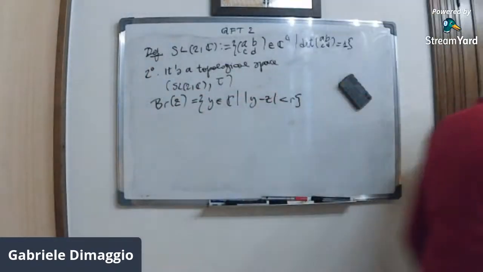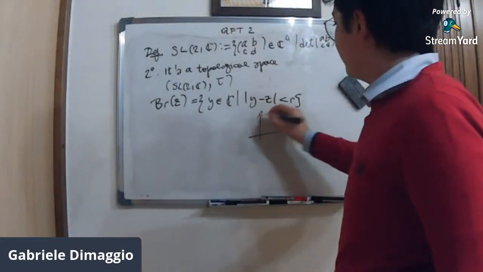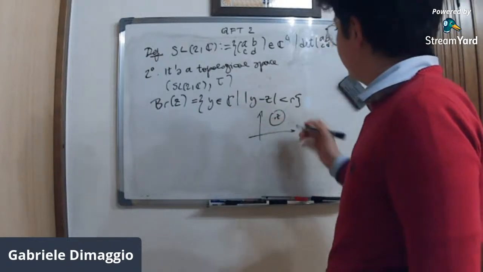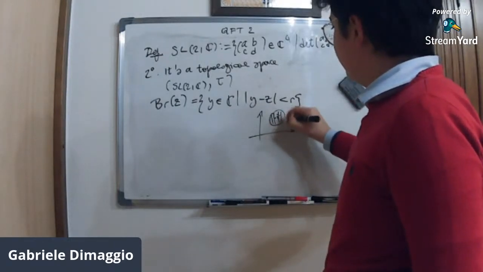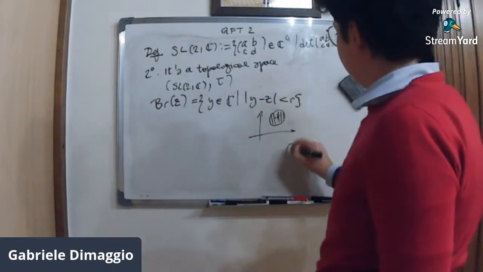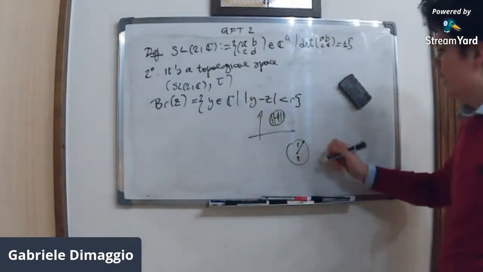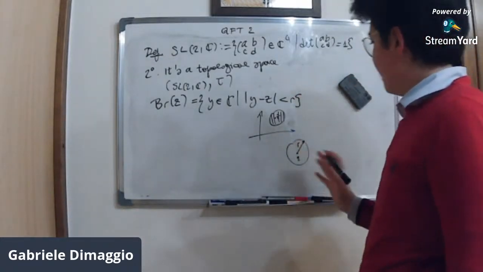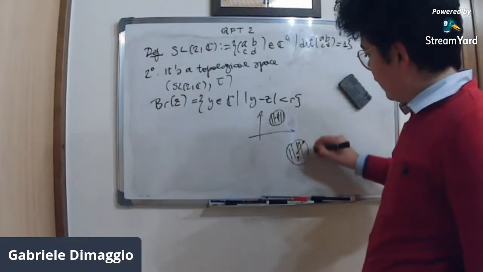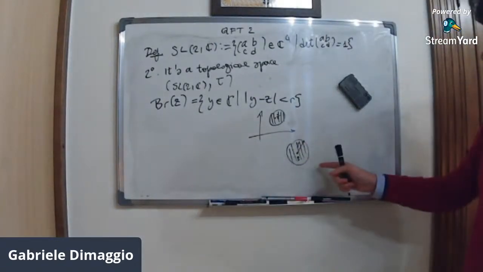What does it mean? I have a particular type of circle of this kind. Here I have theta, for example. If I take this circle, this is zeta, this is R, and I take every point that lies within this circle, except the circumference, the boundary.